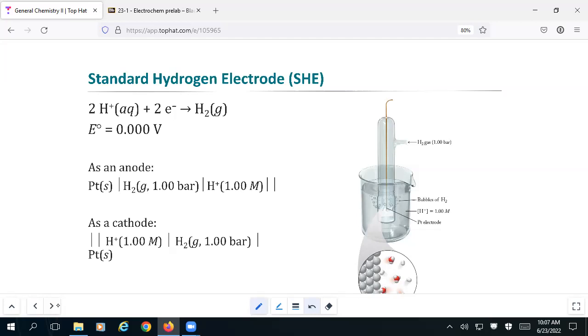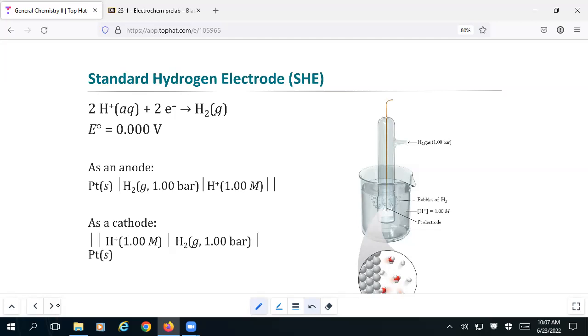And so as far as cell notation or diagrams are concerned, because we have no electrode of the material, we would list platinum as that electrode. And then inside of that bar, we would list out the 2 different phases of hydrogen that were present and how they are present.